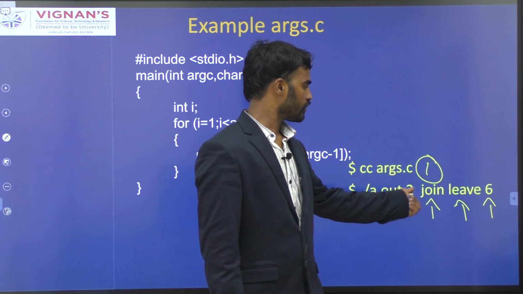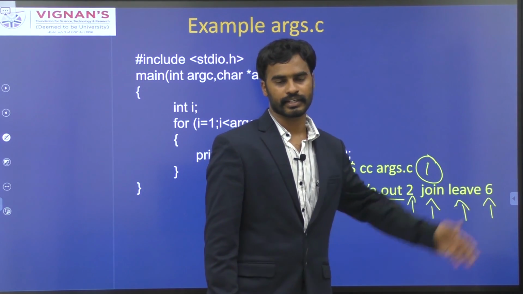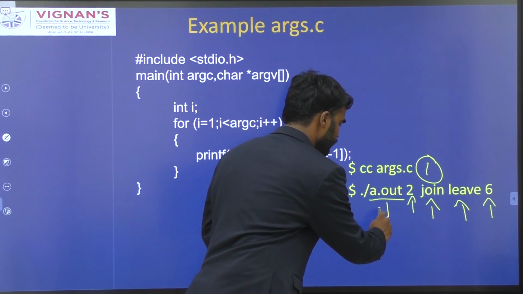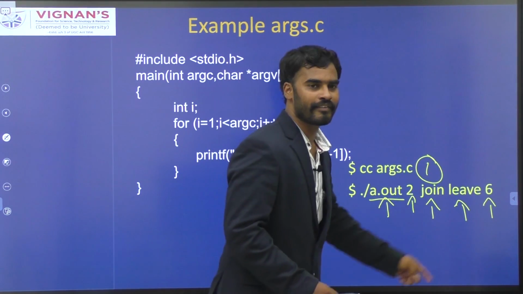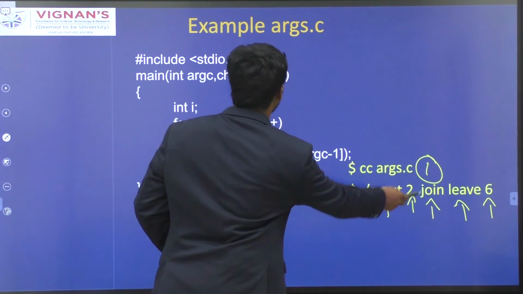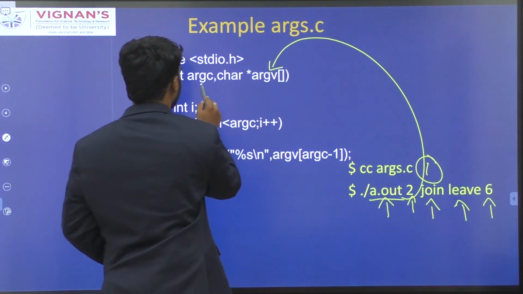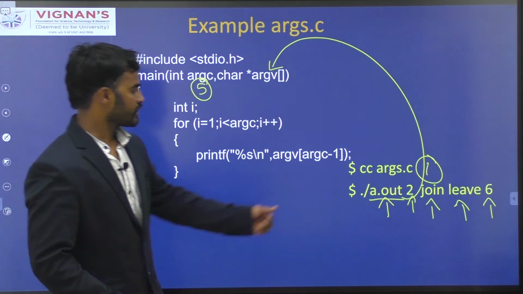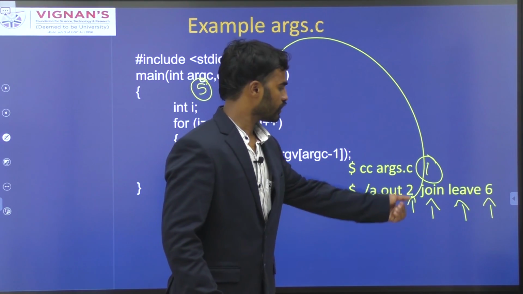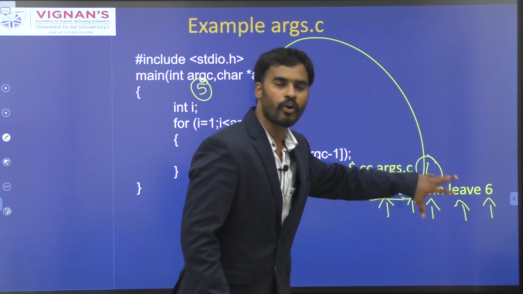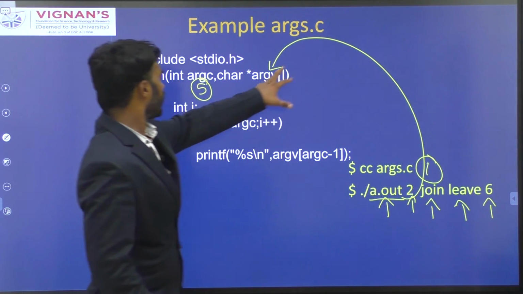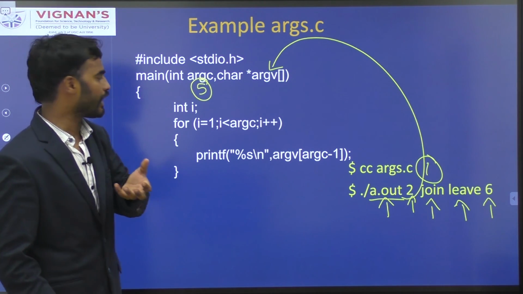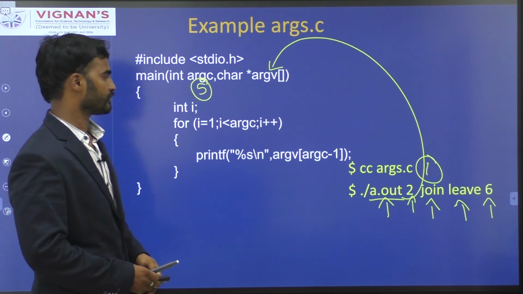Here I am passing 4 extra parameters: 2, join, leave, and 6. So totally 5, including ./a.out. All these 5 will be stored in the array, and the count 5 will be stored in argc.